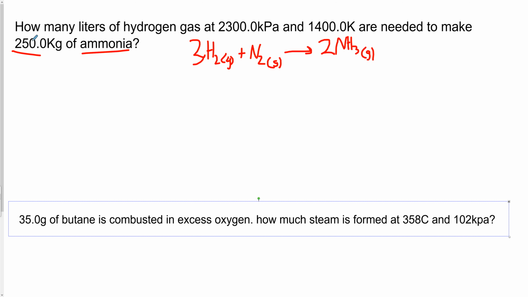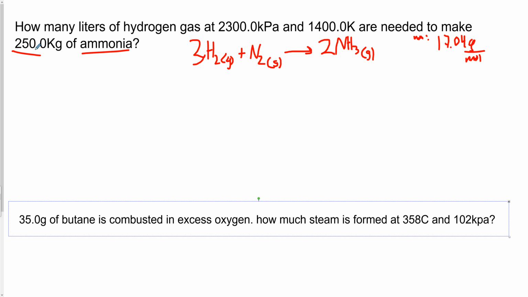So what's the molar mass of ammonia? Well, it's NH3, so that's 14.01 plus 3.03. That's 17.04 grams per mole. So we have 250 kilograms of ammonia.